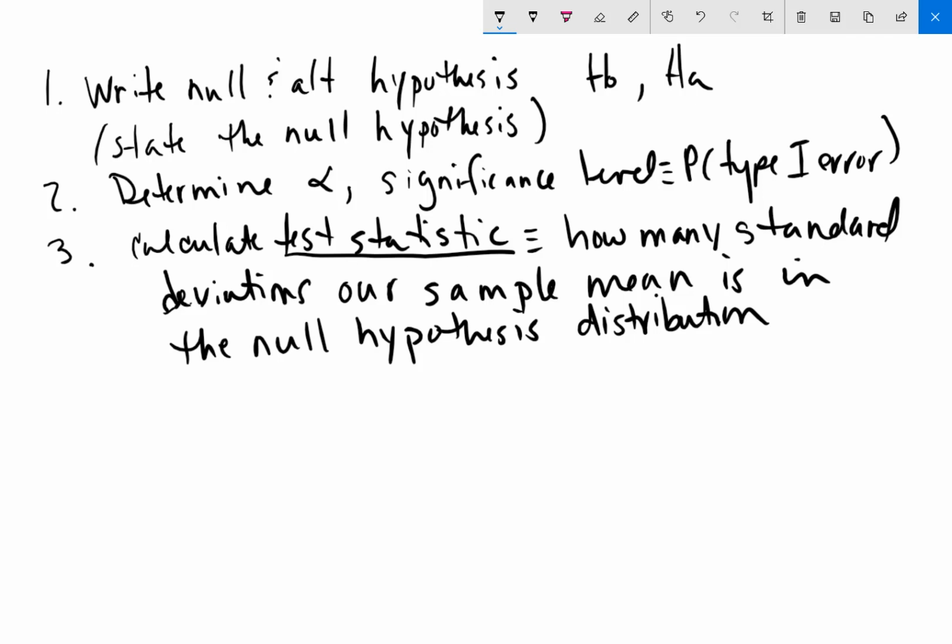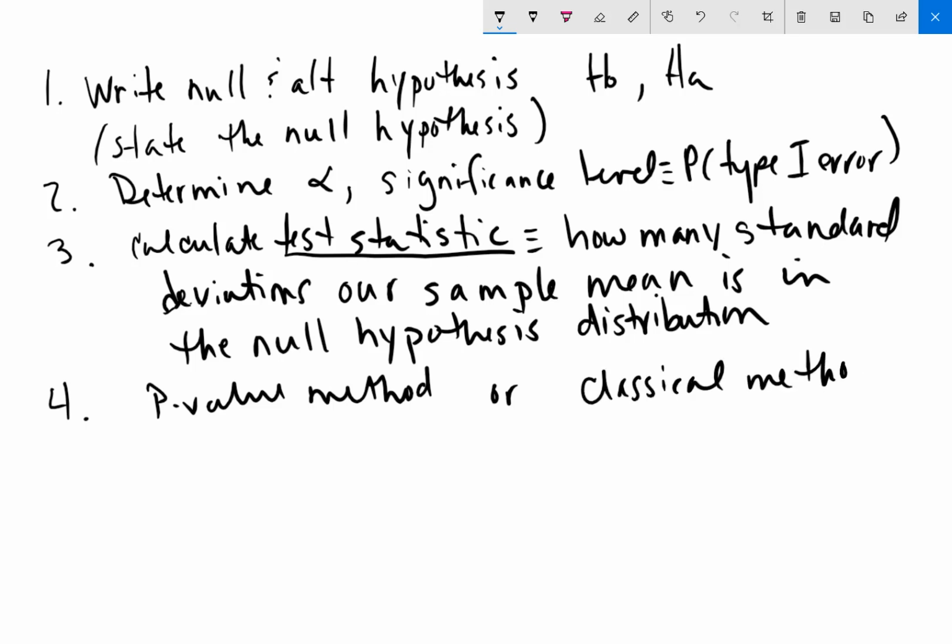So if that sample mean is really far out in the tail end, that is not a good thing for the null hypothesis. That's probably evidence to show that the null hypothesis can be rejected in favor of the alternative. That's the basic idea. And then step 4 is either you're going to do the p-value method or you're going to do the classical method for doing a hypothesis test.